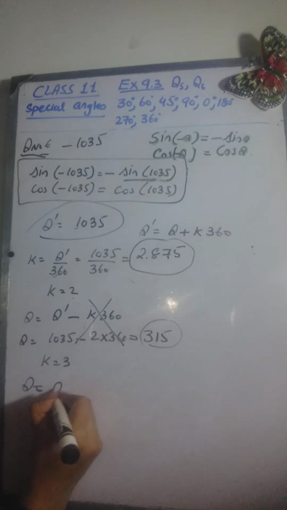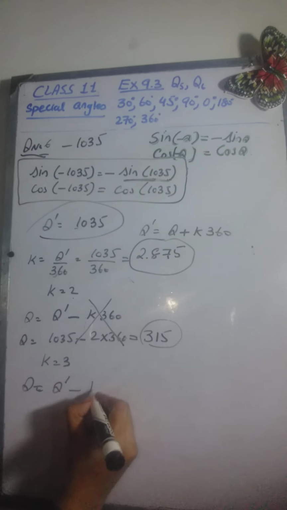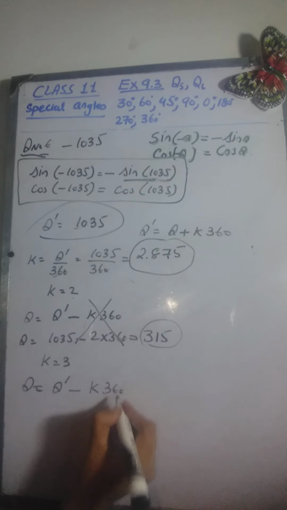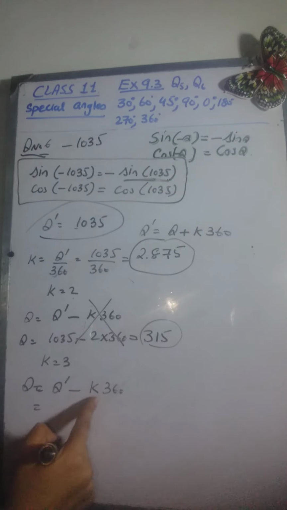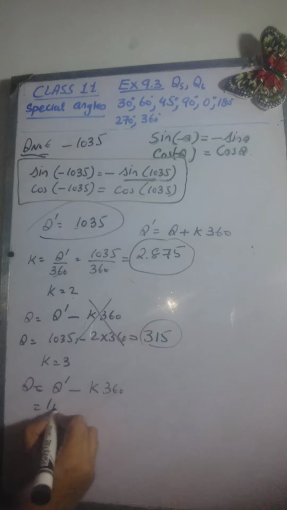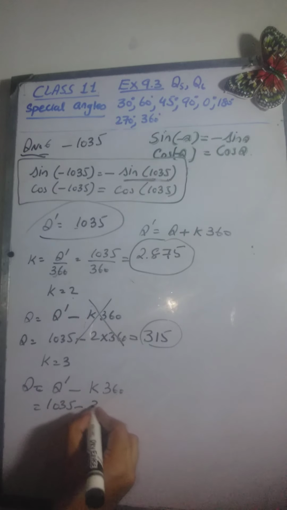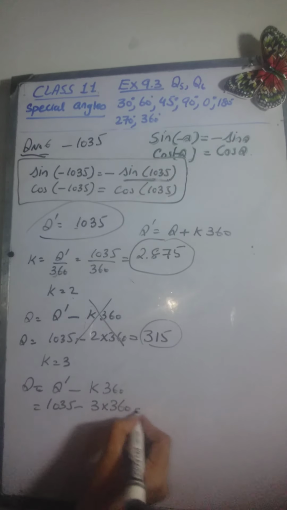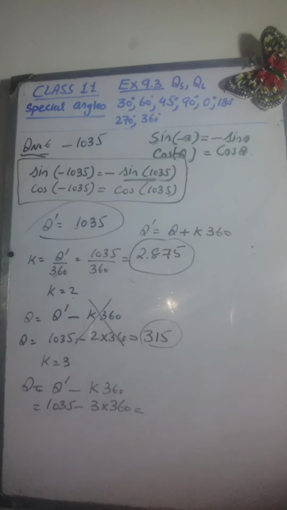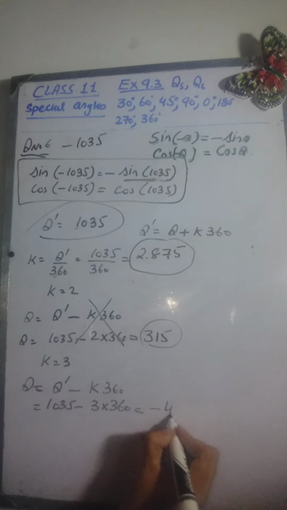If you try 3, what will be theta? Theta will be theta dash minus k times 360. If you take k equal to 3, 1035 minus 3 into 360, what do we get? It is equal to negative 45.